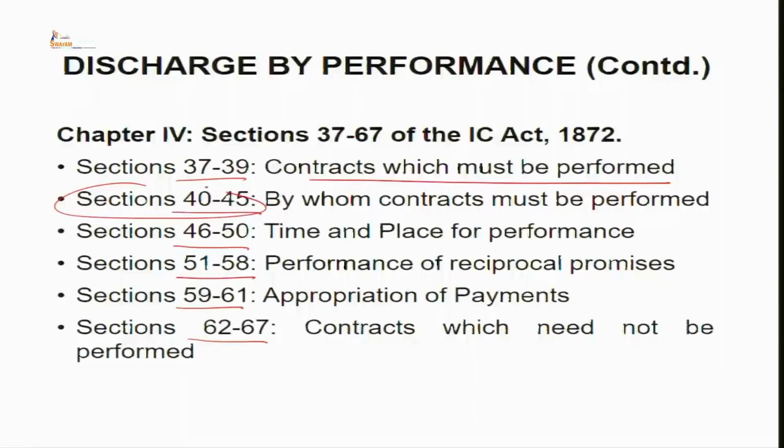The next set of sections you can see on your screens, sections 40 to 45, deal with by whom contracts must be performed. Generally, our basic understanding is that the two parties who have entered into the contract are bound by the obligations under it and are supposed to perform its terms.